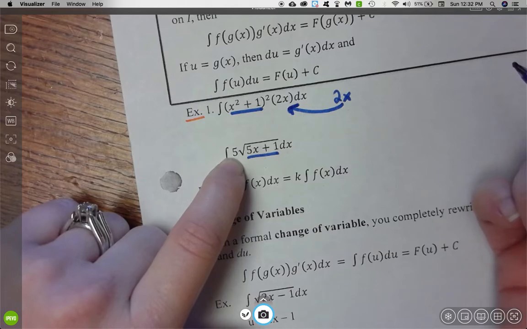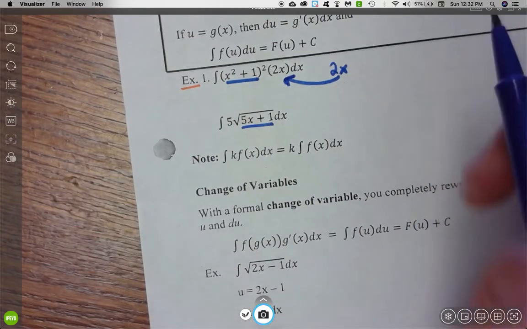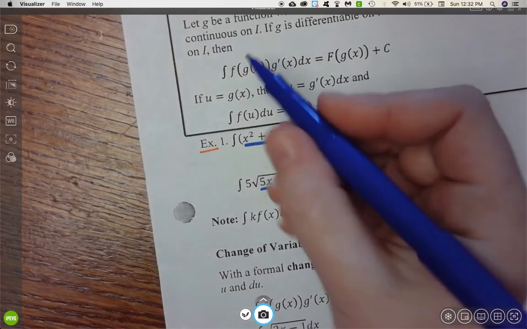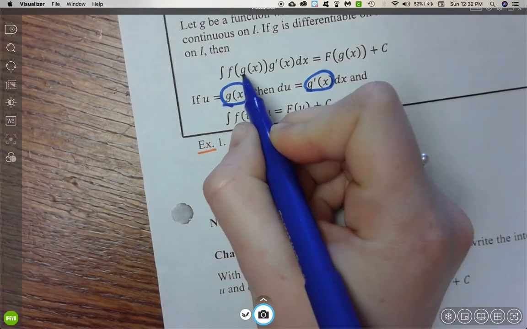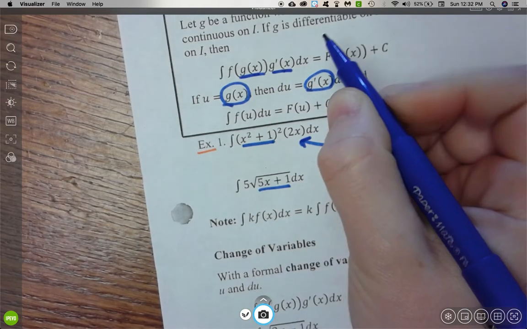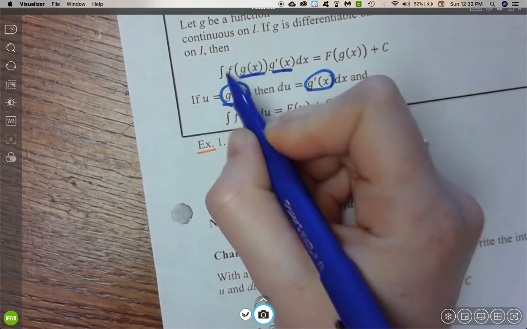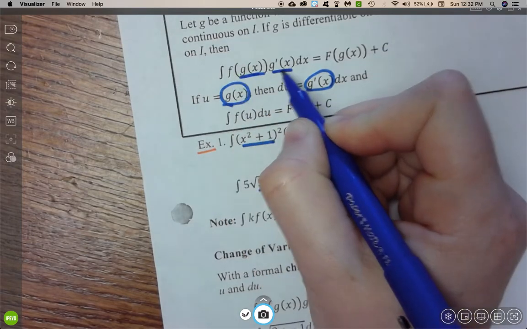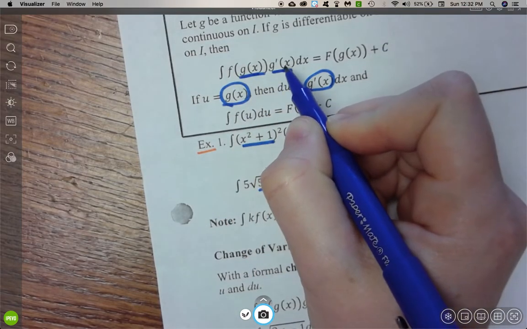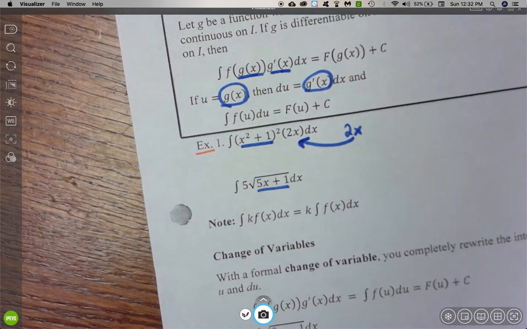That's something you will notice. You'll have a g of x and a g prime of x going on inside of your function. So you have a g of x stuck inside of some function f, but then g prime, the derivative of that g of x, shows up somewhere else in the equation.